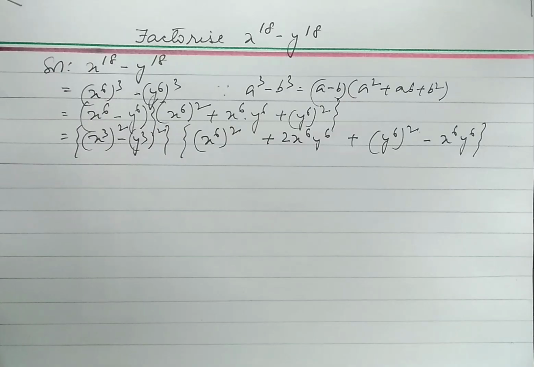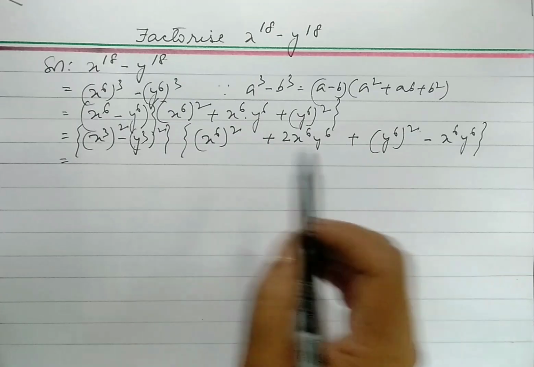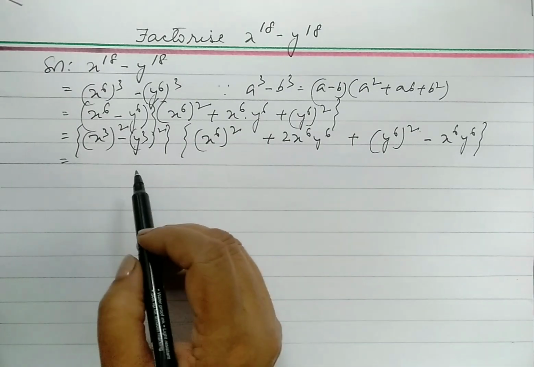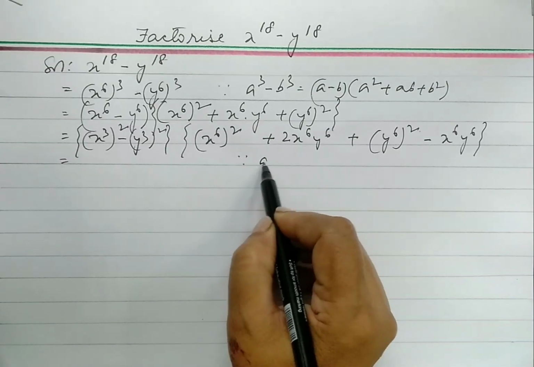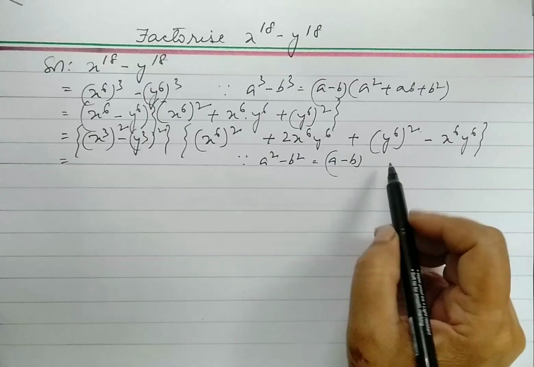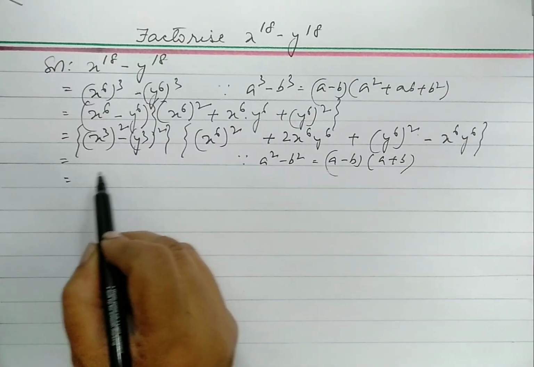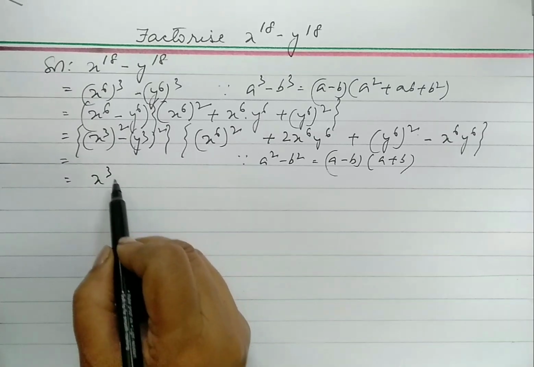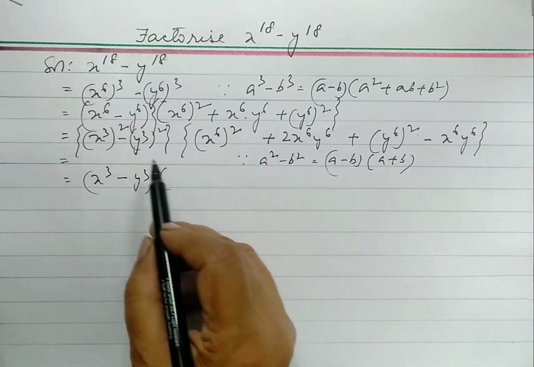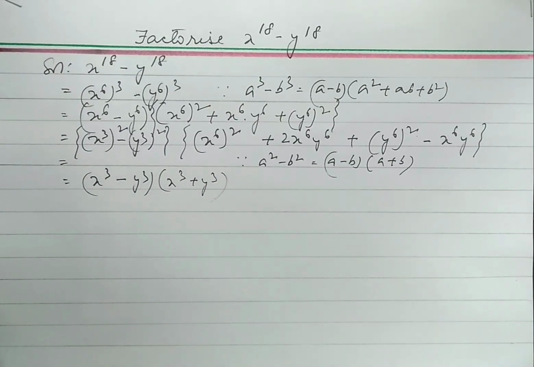What next? The next is that we'll use the A square minus B square formula here, which means A square minus B square equals A minus B and A plus B, so we write here A minus B and A plus B. Alright, got it?